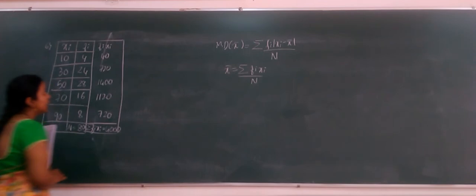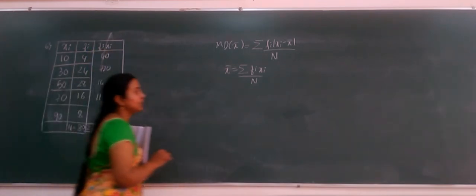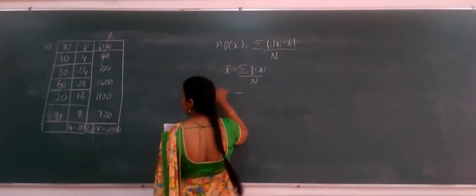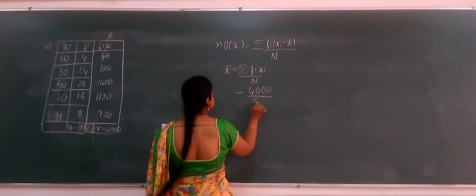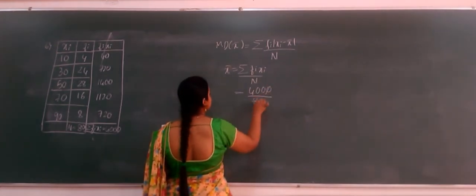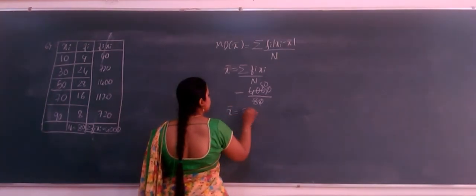Now let us calculate the mean. Summation of fi into xi is 4000 and n is 80. So x bar is 50. Now we know the mean.